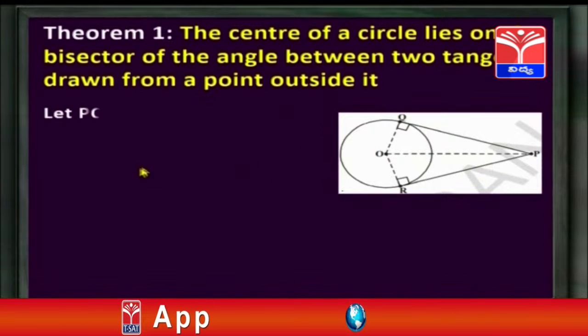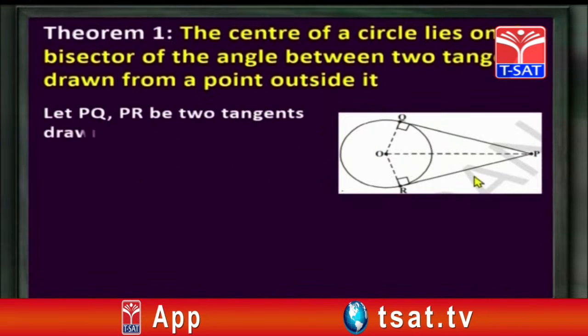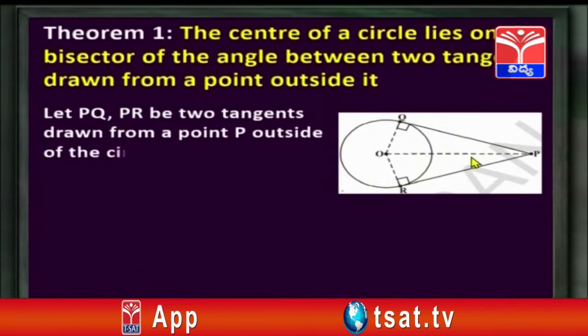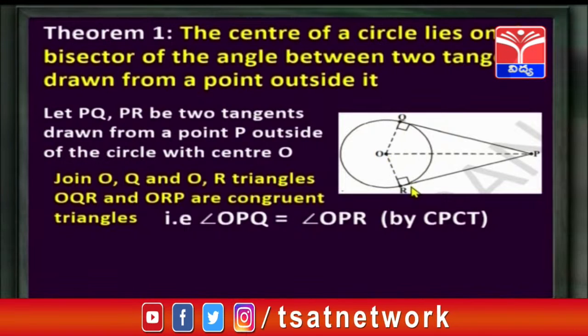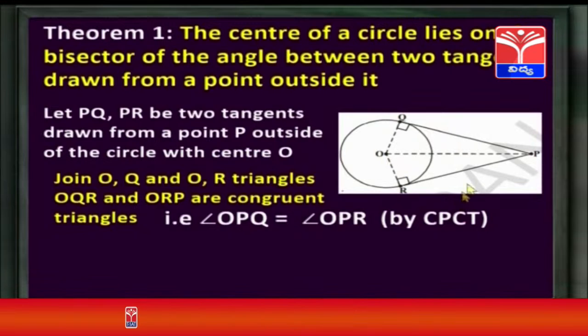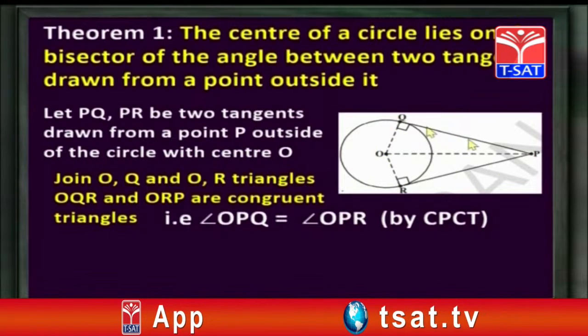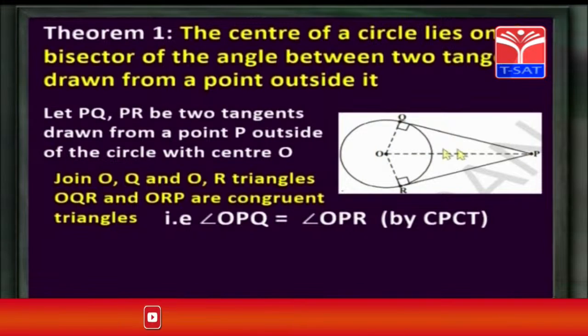Let us see the proof. Let PQ and PR be two tangents drawn from a point P. Join OQ and OR, then OQP and ORP are two triangles. If you observe, angle OQP and angle ORP are equal, which is equal to 90 degrees.